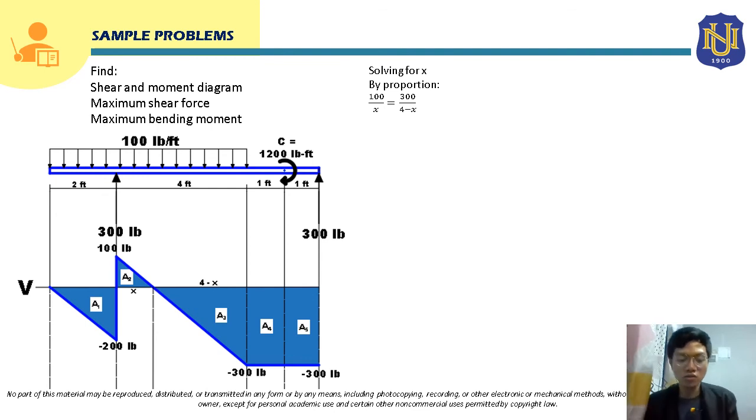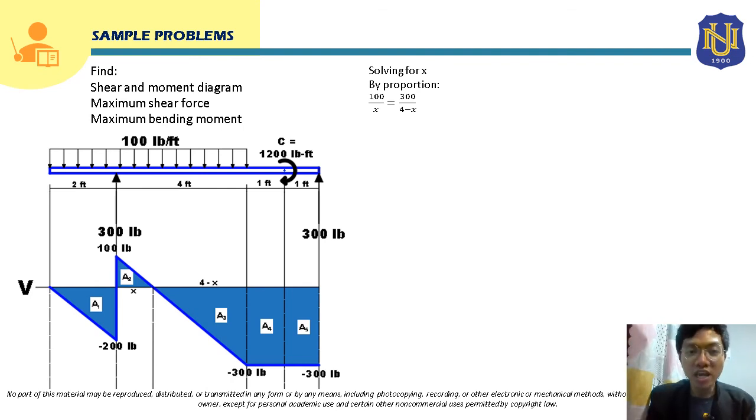You can use your calculator to solve for the value of x. We can interchange the numerators and the denominators so that the calculator will be able to give the answer faster. So it can be x over 100 is equal to 4 minus x over 300. The answer here is 1.